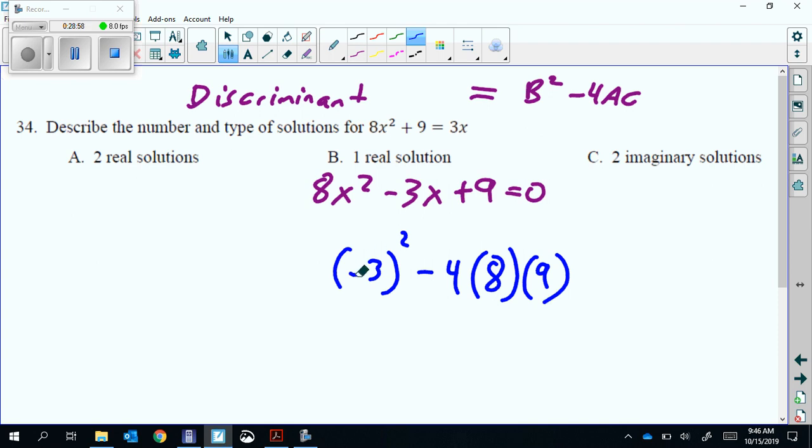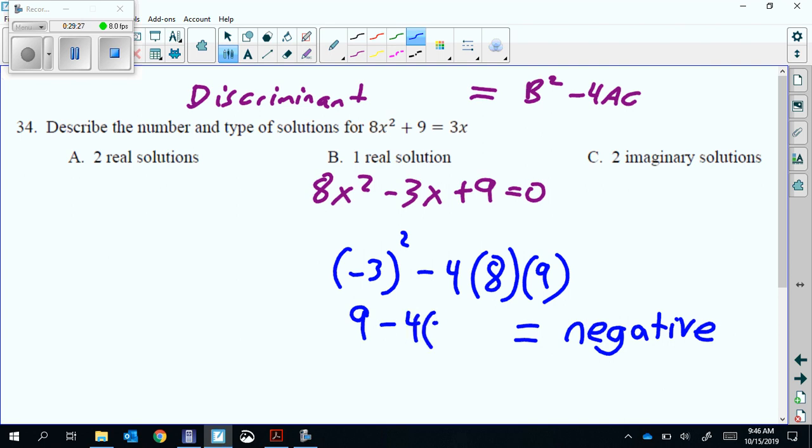So negative 3 squared is positive 9, minus 9 times 8 is 72, times 4 is 100 and a couple hundred something. It doesn't really matter. This is way more than 9. What you're going to get is a negative answer. It doesn't matter what the actual number is. It's going to be a negative.